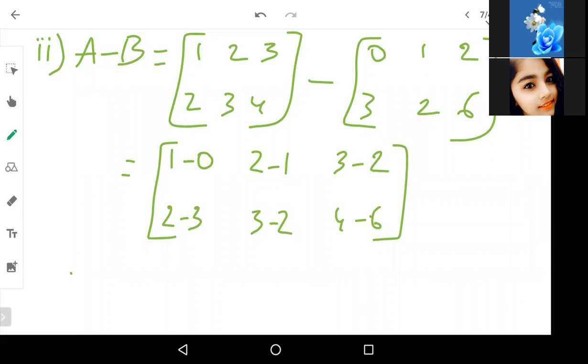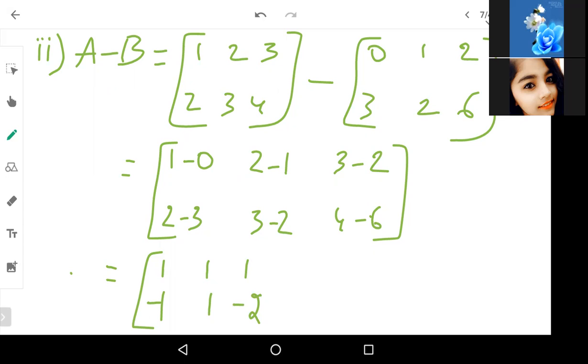Bindushri, you'll get some minus values. Check that. Okay. So 1 minus 0 is 1. 2 minus 1 is 1. 3 minus 2 is 1. But if you see here, 2 minus 3 is minus 1. Again, 3 minus 2 is 1. 4 minus 6 is minus 2. 4 is the smaller number.